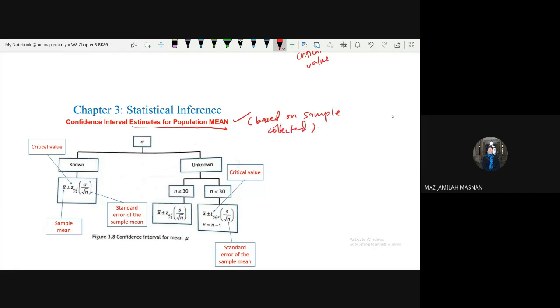Our aim, at the end of the day, by having the x bar, is to estimate the population mean. Now, there will be a few conditions that you need to know on how to find the confidence interval for the mean.